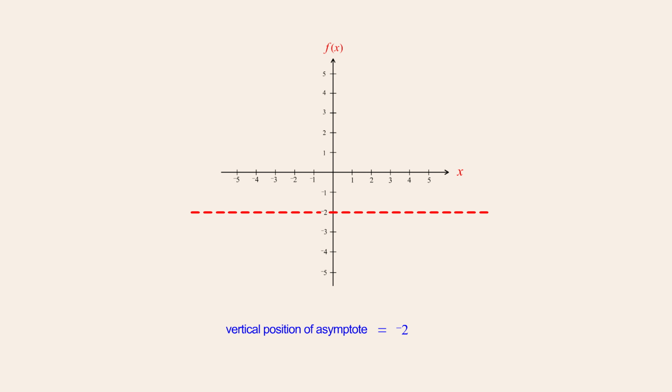Since the denominator has an implied coefficient of -1, the numerator coefficient divided by the denominator coefficient is -2. Since this value is negative, this function has a horizontal asymptote located 2 units below the x-axis. And the function's graph looks like this.